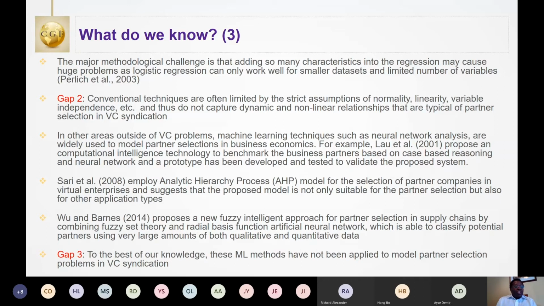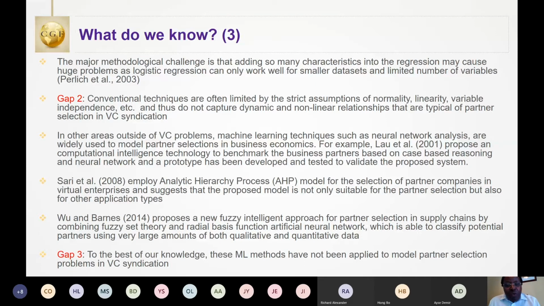But also outside the venture capital area, Sari and others in 2008 employed an analytic hierarchy process model for the selection of partner companies in virtual enterprises, and came to the conclusion that the model they put together is not only suitable for partner selection, but also for other applications, including other applications in finance, perhaps in venture capital.